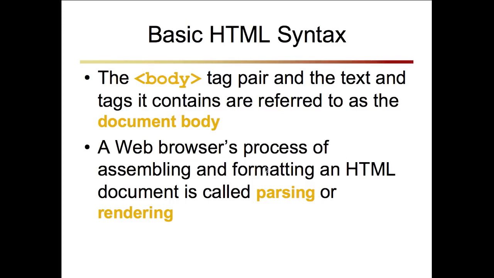So this is sort of the foundational material. Although it sounds pretty easy, and it is easy, it's how we make up the structure in terms of the formalization of it. The body tag and the text inside of the tags it contains is referred to as the document body. Web browsers processing and assembling the formatting of the HTML document is called parsing or rendering.